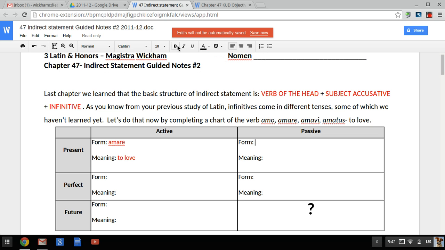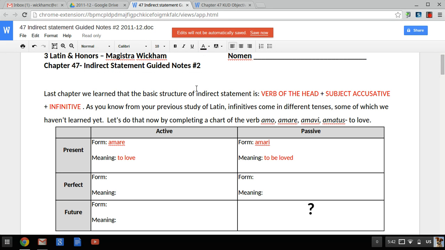And our passive infinitive, since this is a first conjugation verb, would end in what 3 letters? Hopefully you said ARI, amari, and this would be translated to be loved.